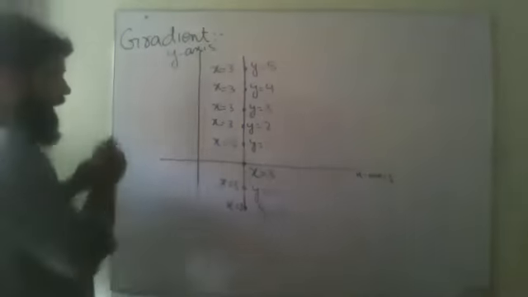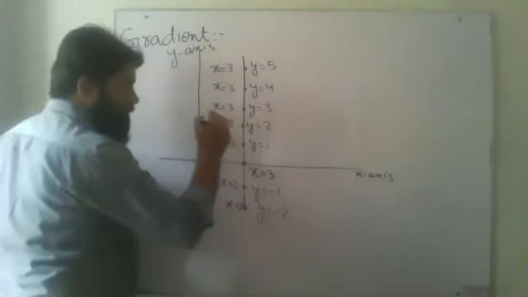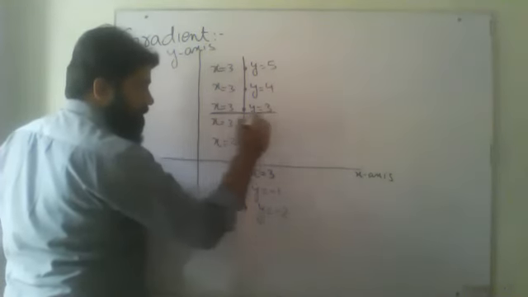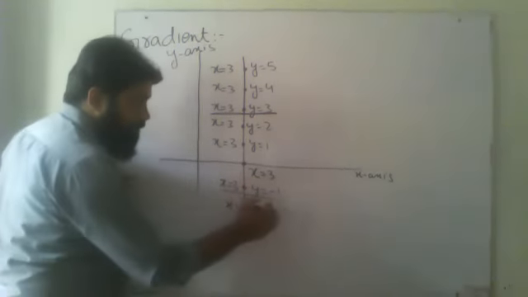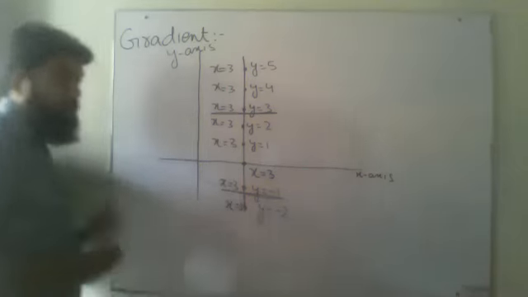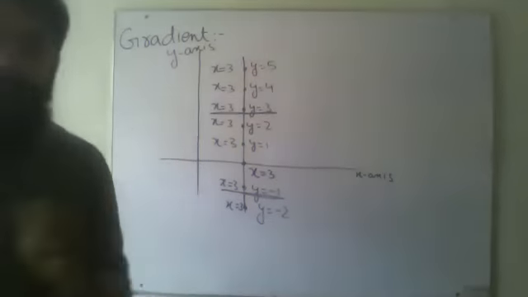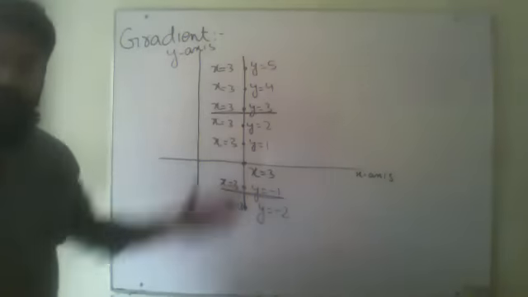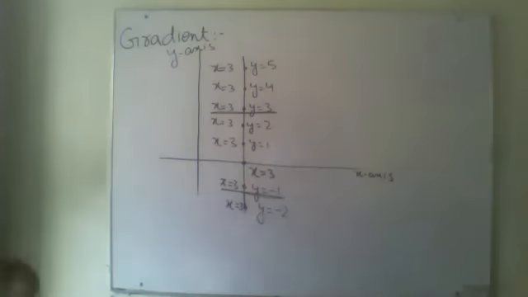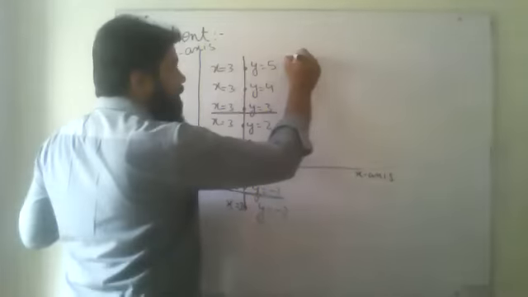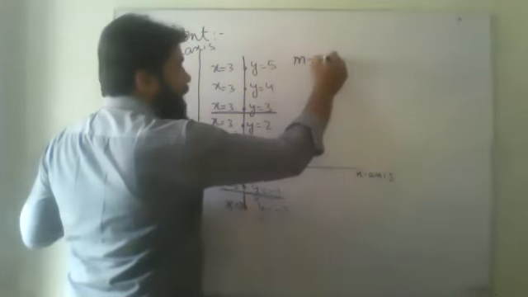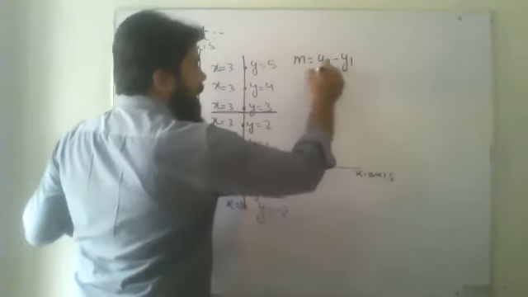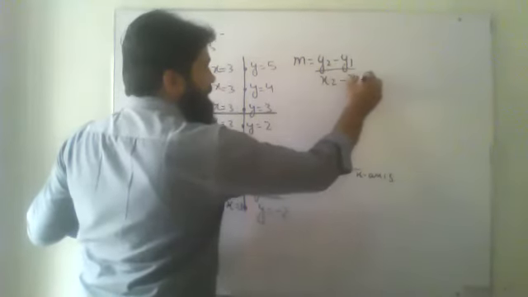So x equals to 3, y equals to 3, and x equals to 3, y equals to -1. These are the 2 points we are selecting to find the gradient of this line. So gradient formula, m equals to y2 minus y1 upon x2 minus x1.